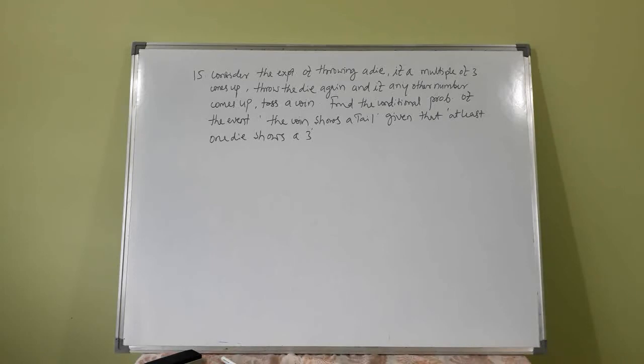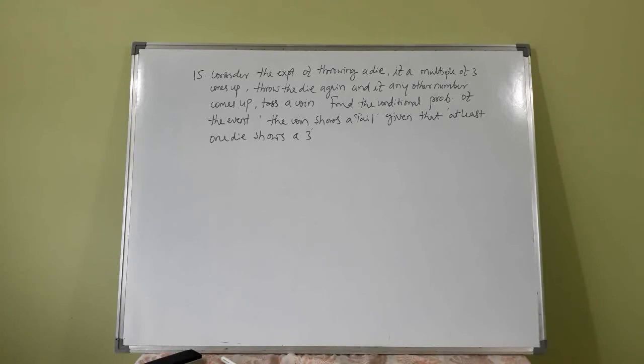The coin shows tail, given that at least one die shows 3. If you understand the question properly, you are going to throw the die again whenever it is a multiple of 3.